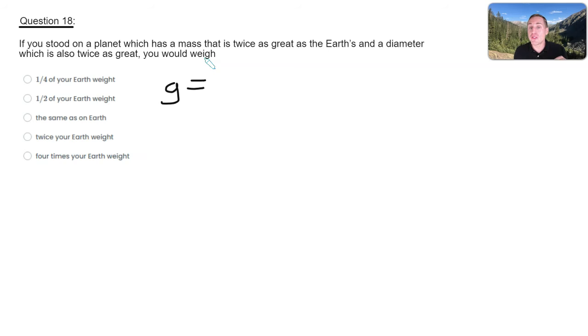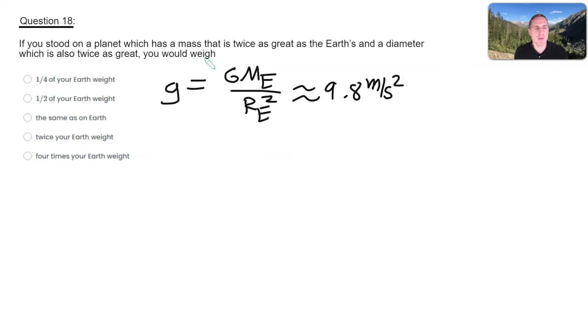And we use not only the mass of the Earth, but the Earth mean radius on the surface. So this is going to be g, mass of the Earth, divided by the radius of the Earth, squared. And again, we know this is about 9.8 or so meters per second squared.